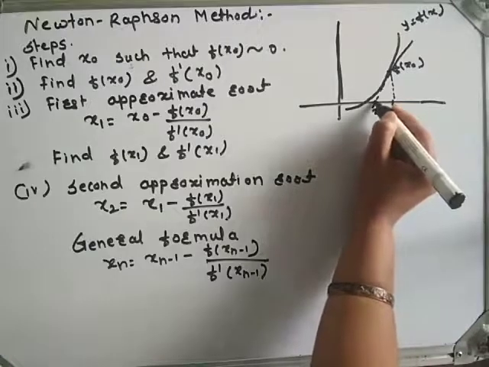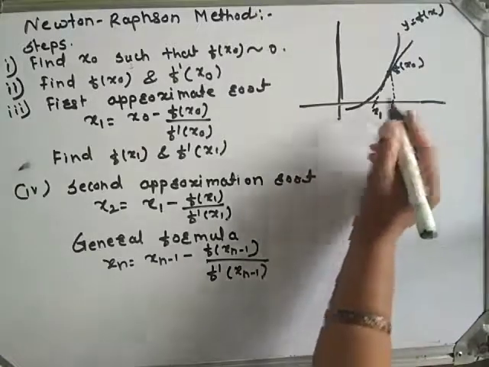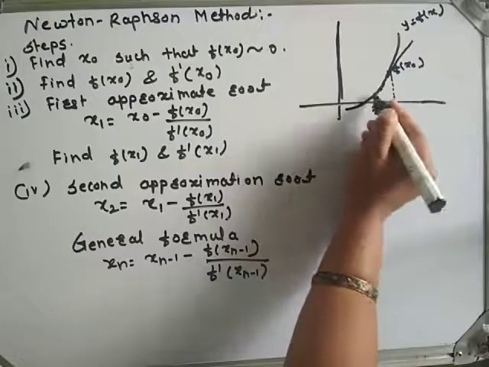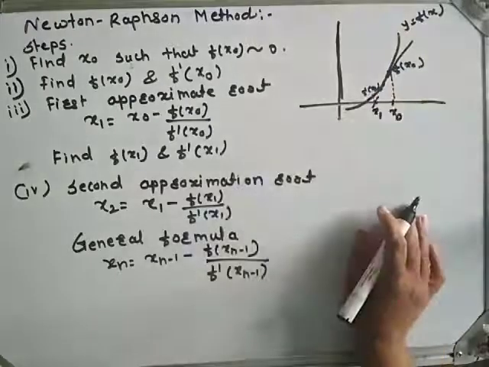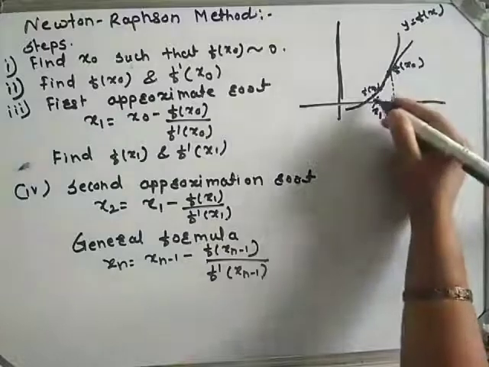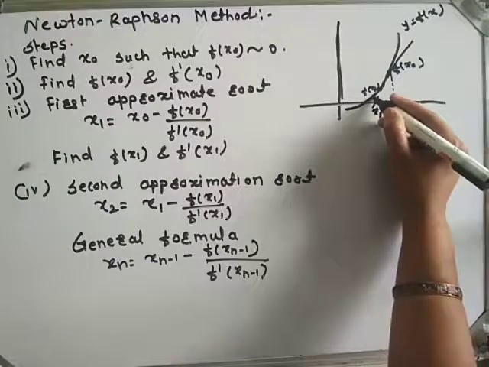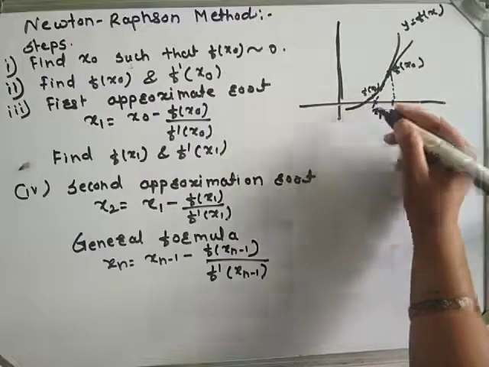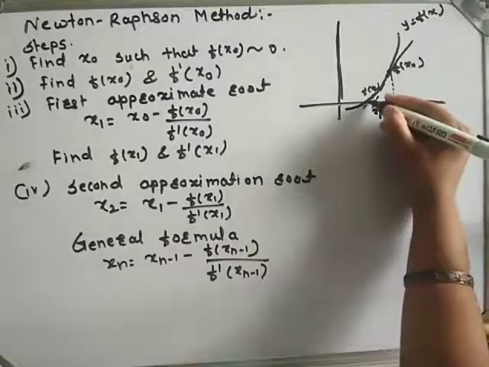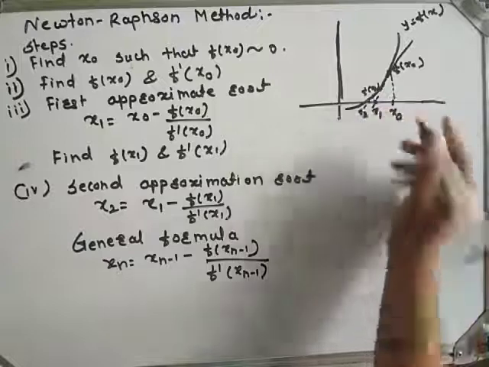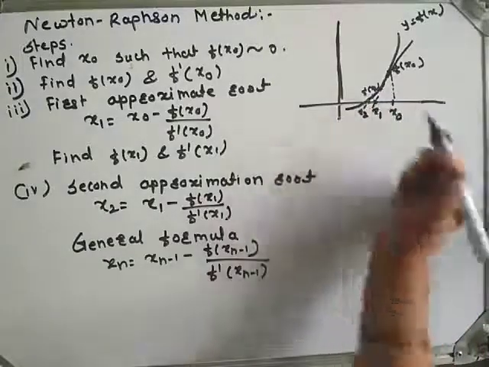This is the first approximation root. Again here is f(x1). Again draw the tangent line to the point f(x1). Here is the next approximation root.